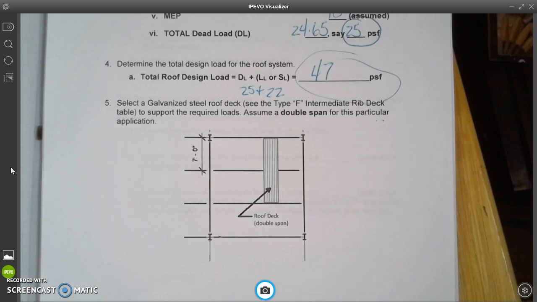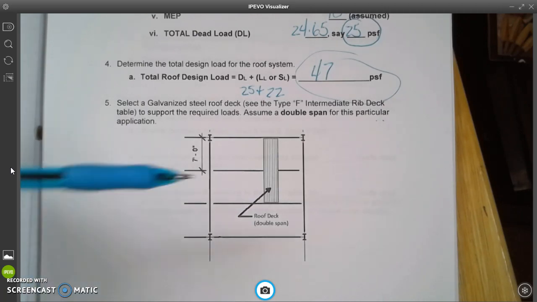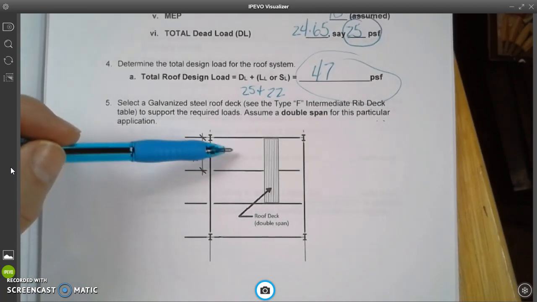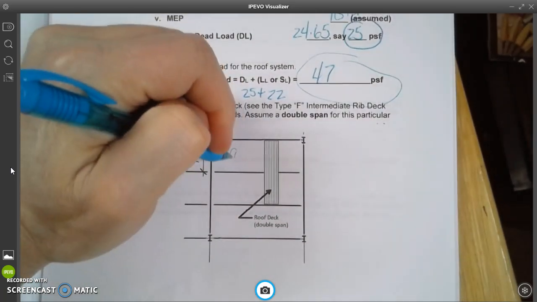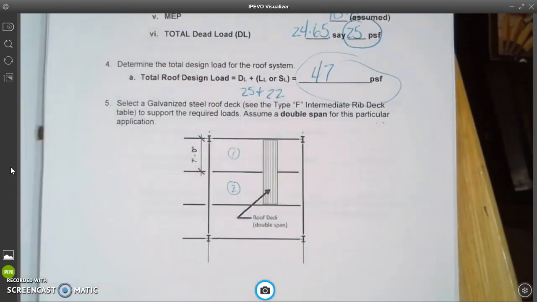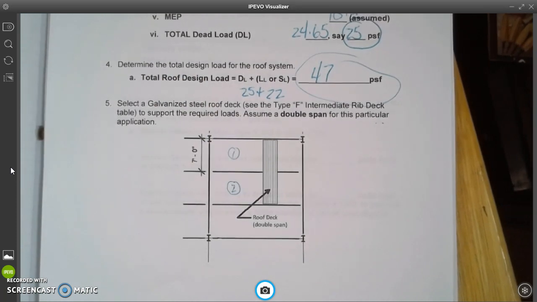Assume a double span for this particular application. What they mean by double span is this area right here is a span. So this area is 1, and this area here is 2. So that is a double span. The rib decking is going over that.